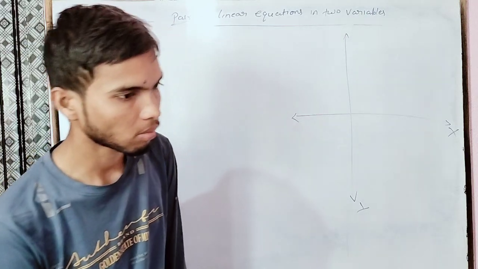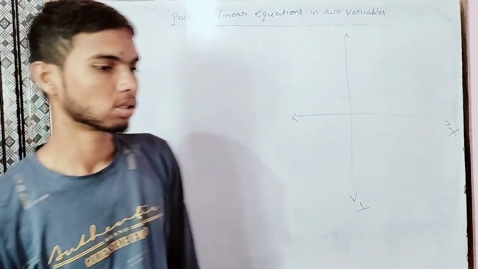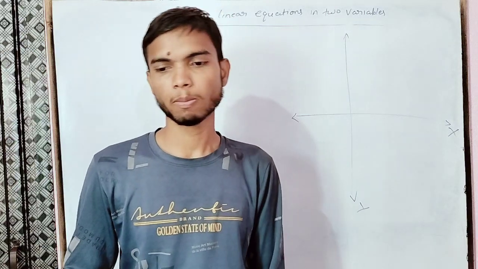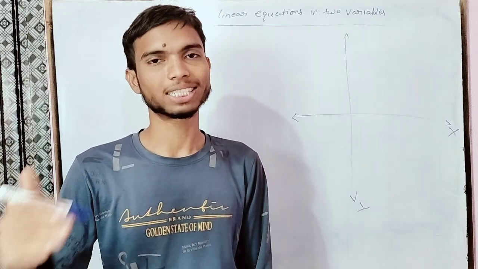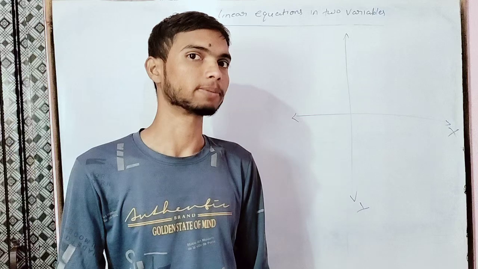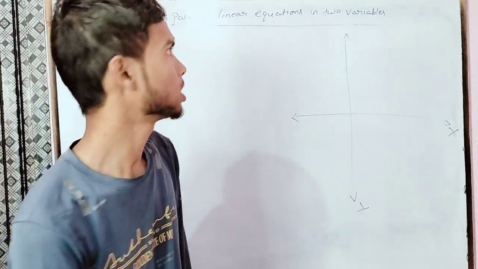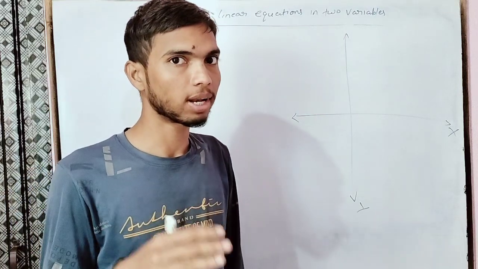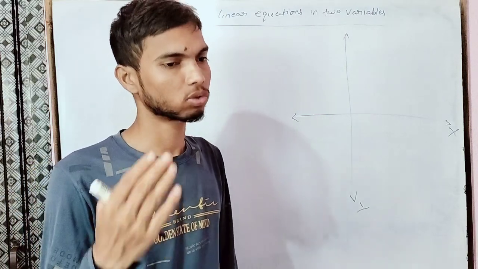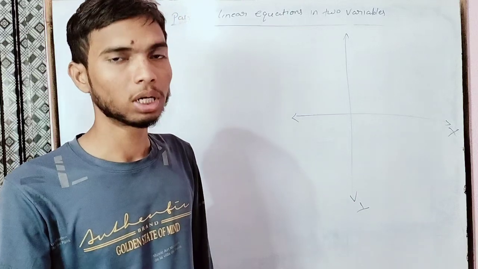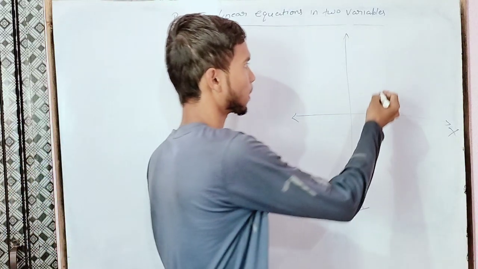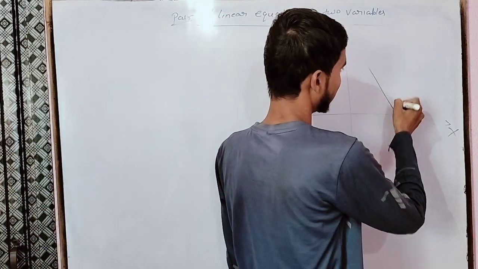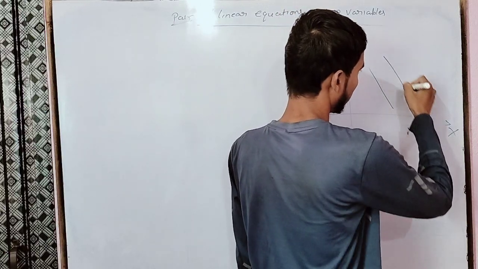Now, we already know a linear equation makes a straight line on a graph. So if we have two linear equations, of course we will have two straight lines. One linear equation is making a line like that, and one like that.